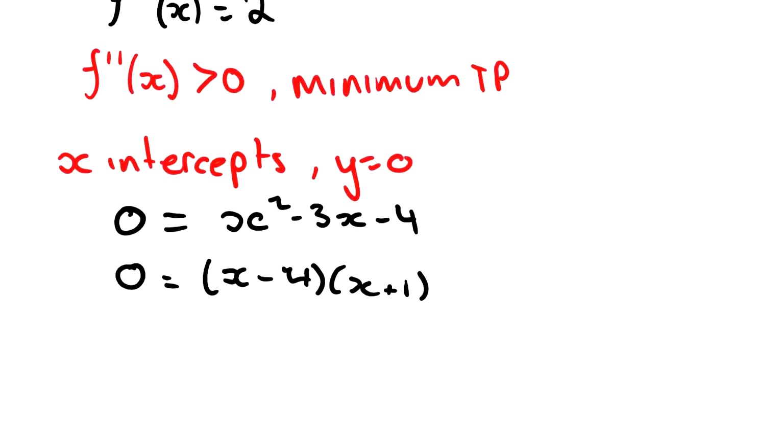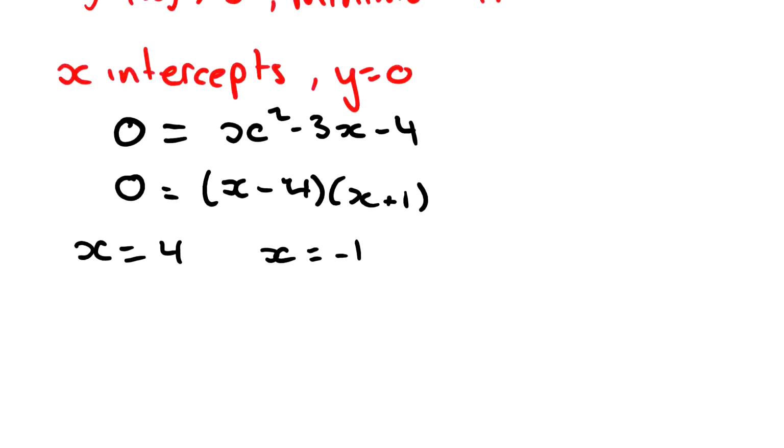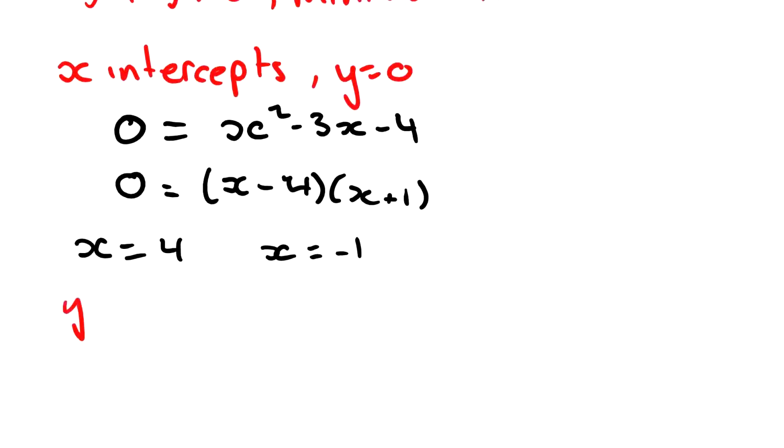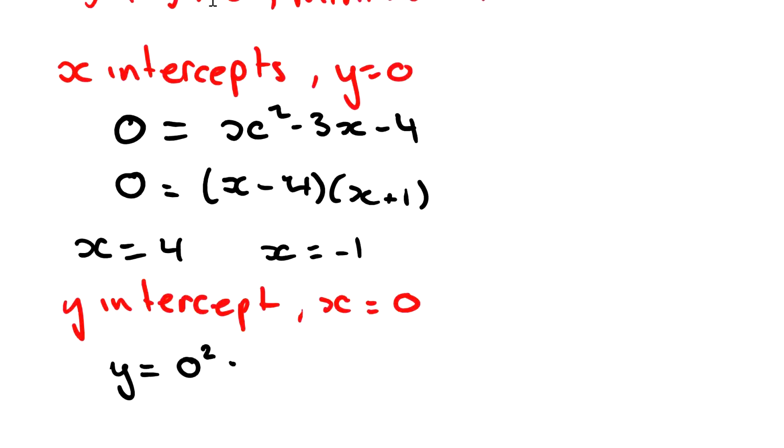So we have two x-intercepts: one at 4 and one at minus 1. Remember, that's where it's crossing the x-axis. Now we want to find our y-intercept, and that's when x is 0. Usually this is just the constant. If I change all my x's to 0, we have a constant of minus 4, and that happens to be the y-intercept.